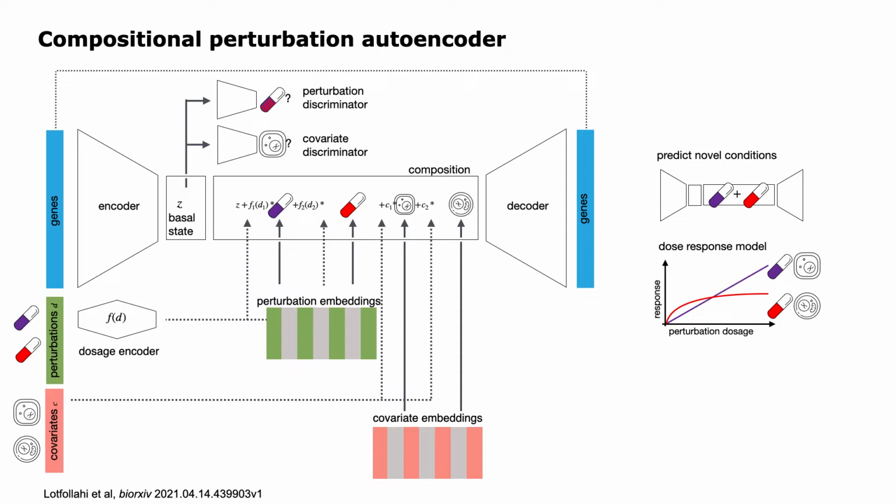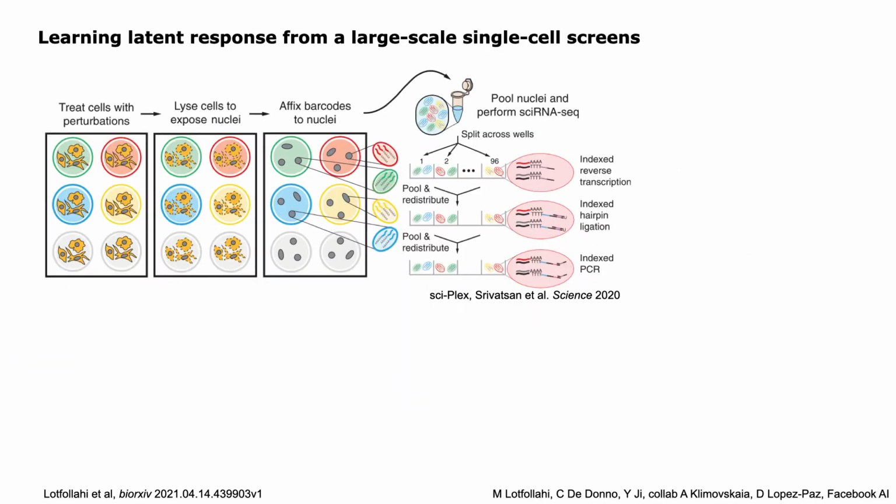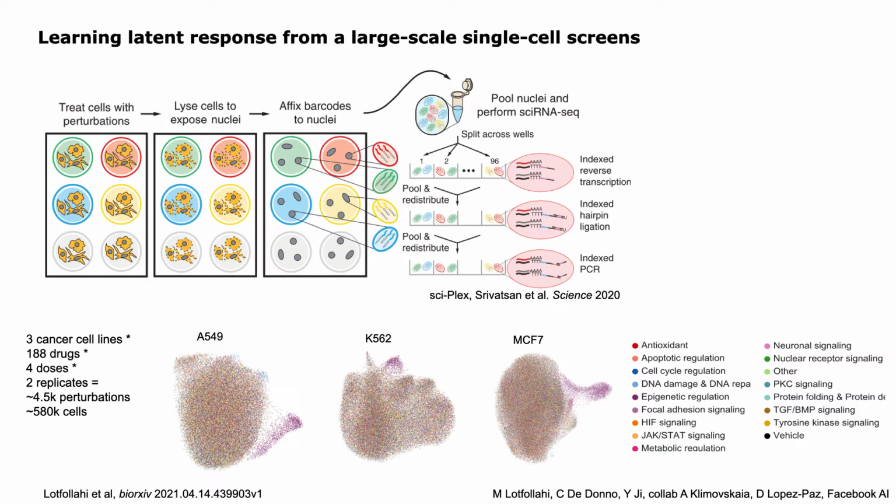You can provide dose-response modeling due to explicitly modeling dose. And because these embeddings are learnable and encode the similarity of different perturbations, you can visualize them, for example for drug repurposing studies, because they provide similarity between different drugs.